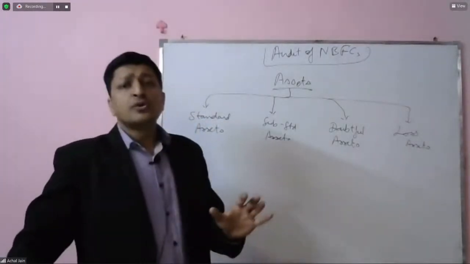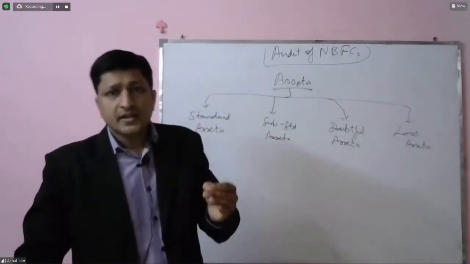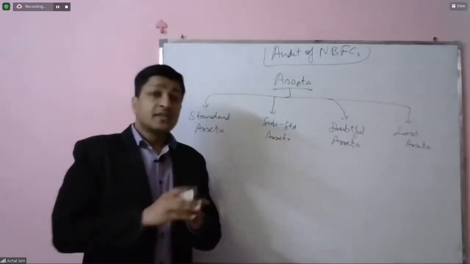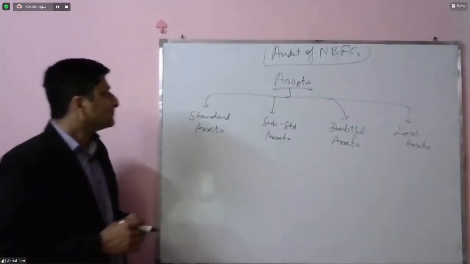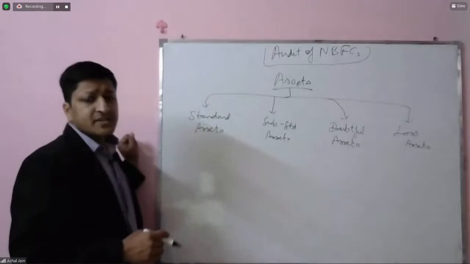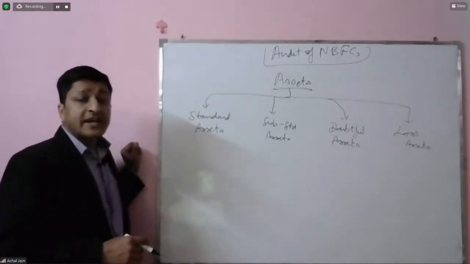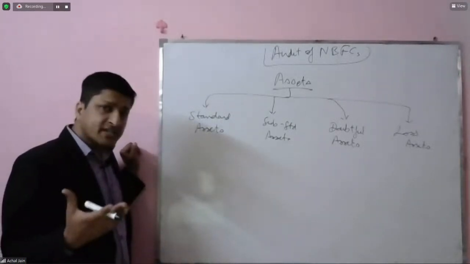Everything is good in respect of such an asset in terms of its recovery. There's no default so far. There's no delay so far. And such types of assets are called standard assets, meaning assets which are good.